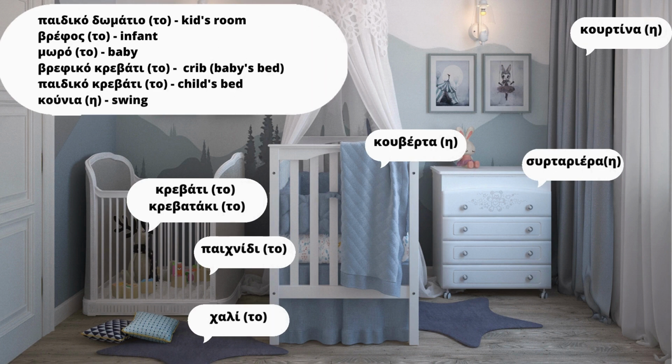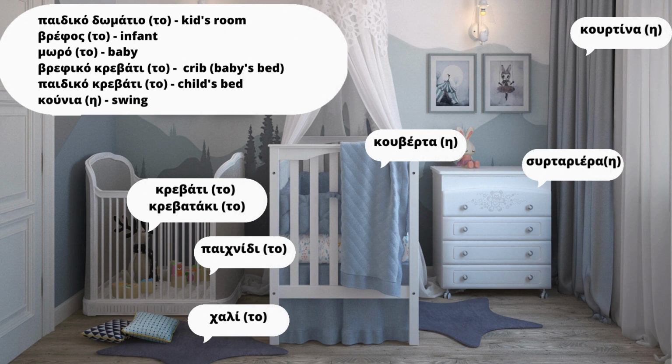Το χαλί, again neutral gender. In the middle of the picture, we can also see a small blanket. I can kindly remind you that the word for it is η κουβέρτα. Η κουβέρτα, feminine gender.